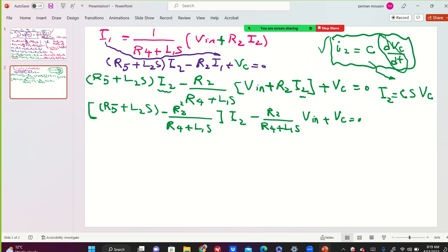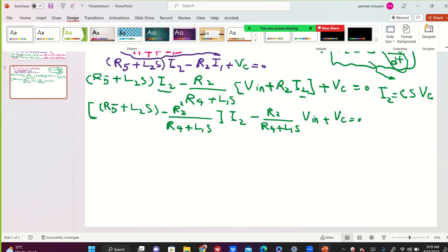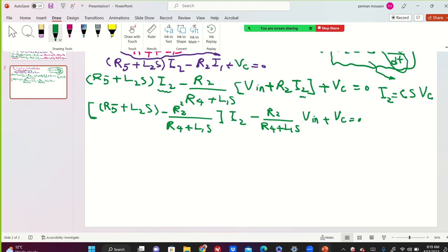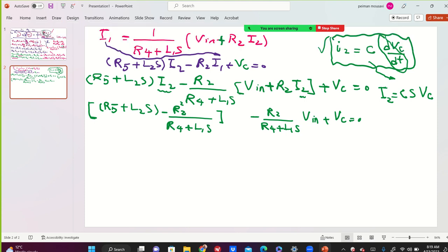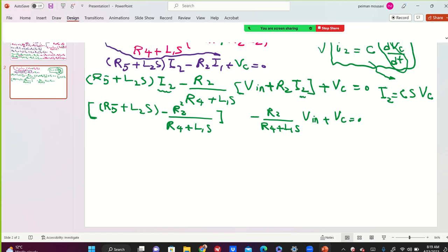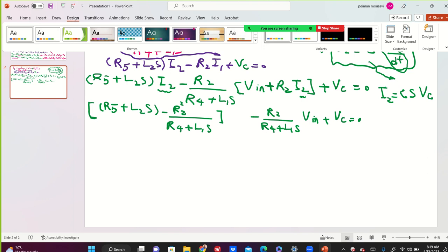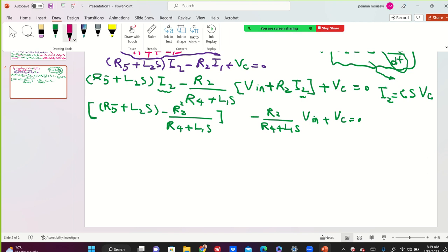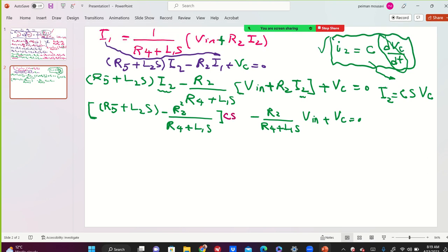So what you're going to do, you're going to replace it here with this I2. You're going to replace it here with what is it? CSVC. Everybody understand what we have done? I2 is CSVC.